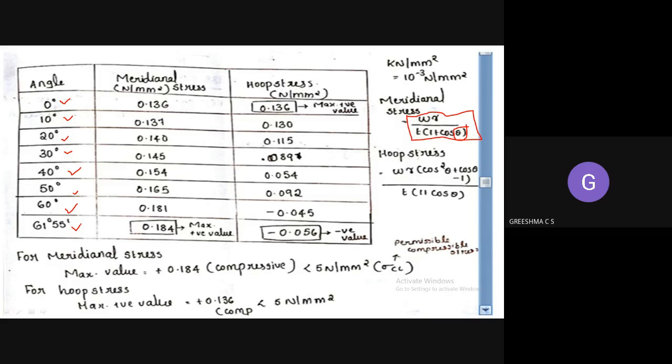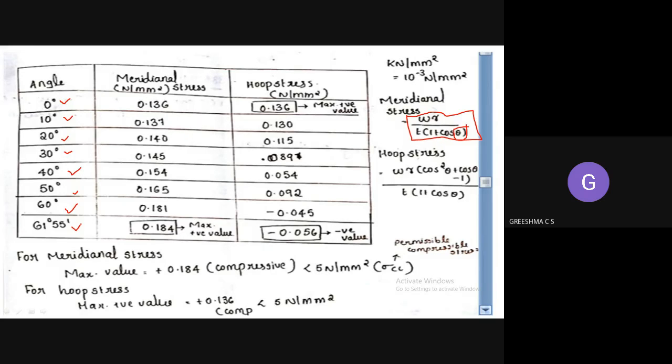Now you have to find the meridional stress at all the 10 degree intervals up to 61 degrees. That means you have to make sure where you are getting the maximum stress.